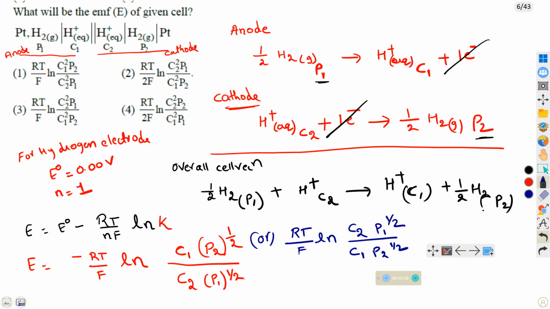Or this is also written as RT by F ln, squaring. You can do square, then C2 square P1 power 1 by 2 whole square is nothing but P1 by C1 square P2. You can check it, C2 square P1, C1 square P2.